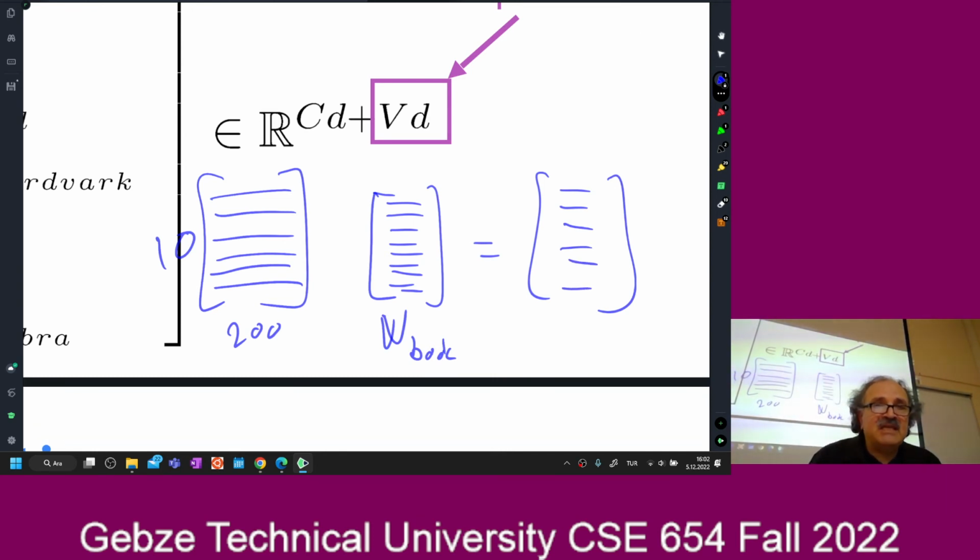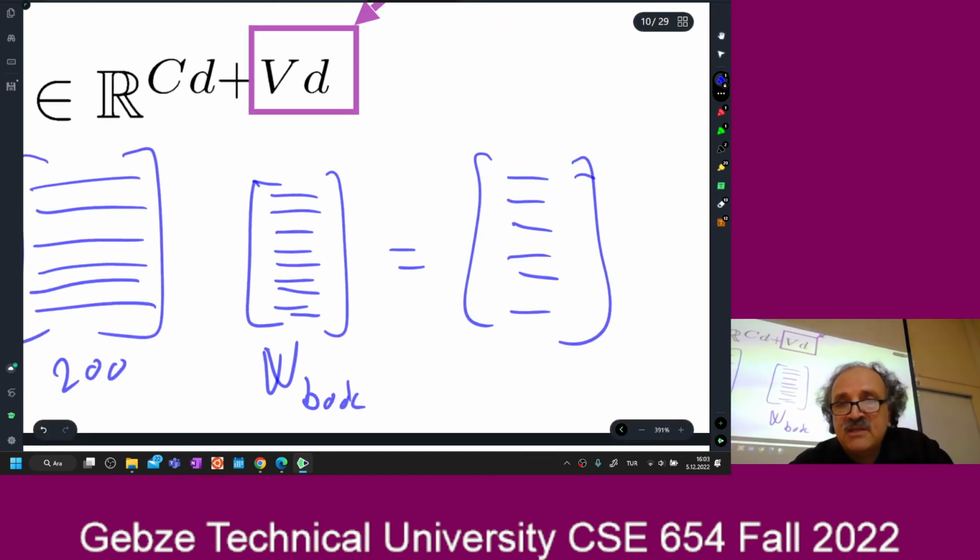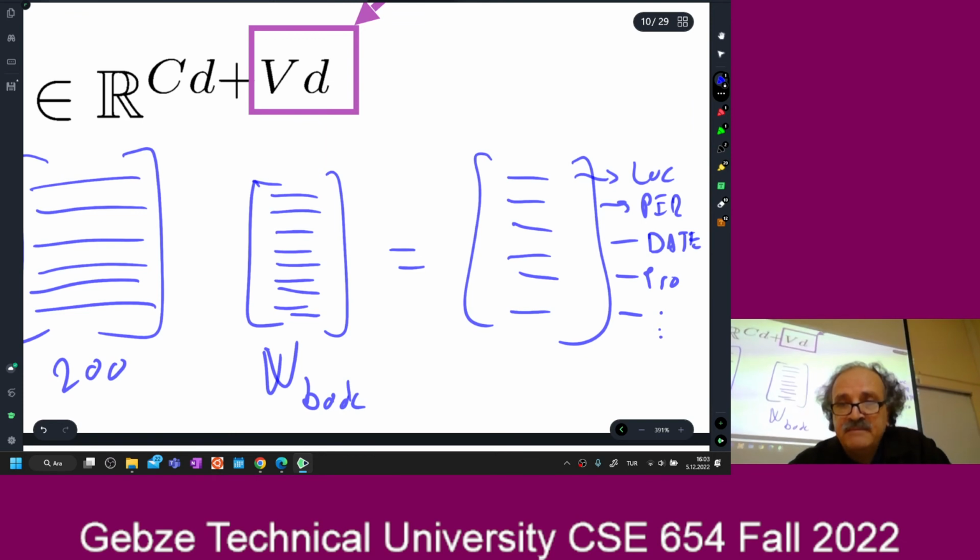I like to think of these probabilities as named entity recognition class probabilities. The classes are, let's say, location, person, date, proper noun, etc. At the end, I have other.